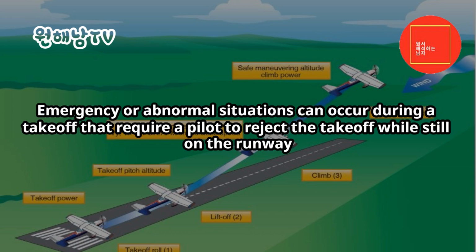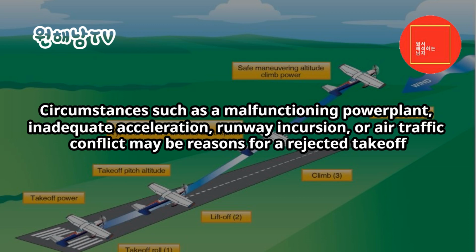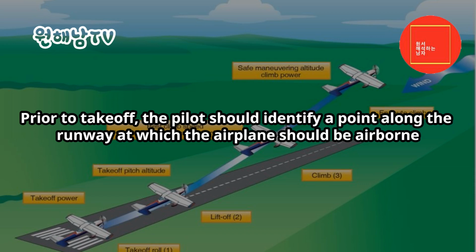Emergency or abnormal situations can occur during a takeoff that require a pilot to reject the takeoff while still on the runway. Circumstances such as a malfunctioning power plant, inadequate acceleration, runway incursion, or air traffic conflict may be reasons for a rejected takeoff. Prior to takeoff, the pilot should identify a point along the runway at which the airplane should be airborne.